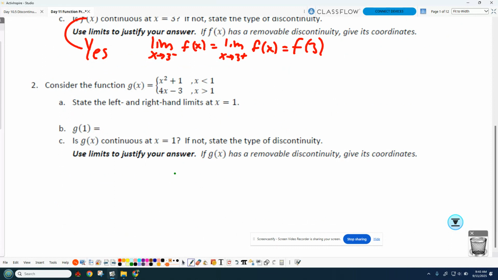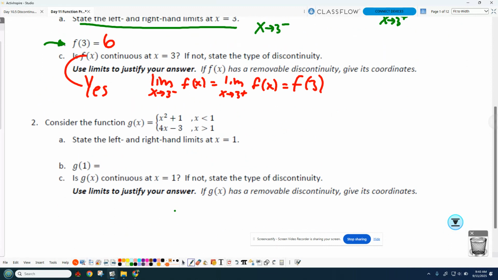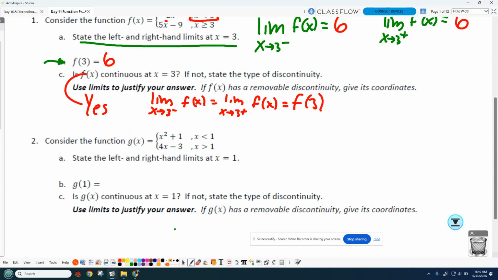Can you explain the use limit to justify your answer thing? So the kindergarten test of continuous is you can put your pencil down and draw the whole thing. So it's continuous if sneaking up on it on the left side and sneaking up on the right side is exactly where that crayon was supposed to be. So that's what these limits are saying.